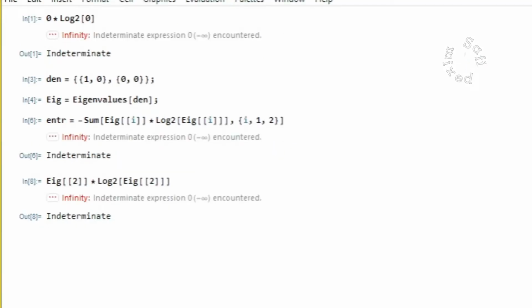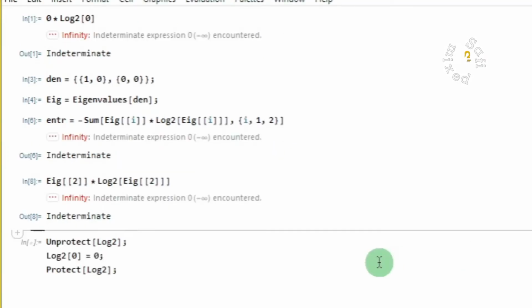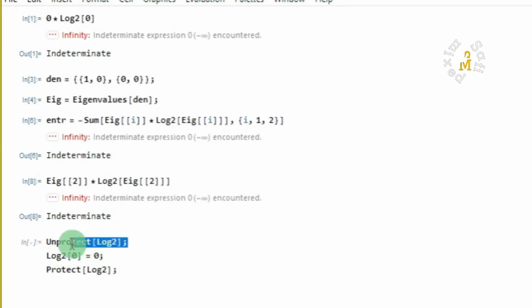I want to give a solution to this problem, and I can do that by first unprotecting the default definition of Mathematica for log to the base 2 of 0, which is equal to minus infinity, and then in the second line I tell Mathematica to set log to the base 2 of 0 to 0, and this is what we do in manual calculation. In manual calculation we set this thing equal to 0.